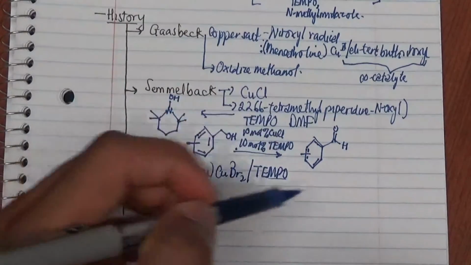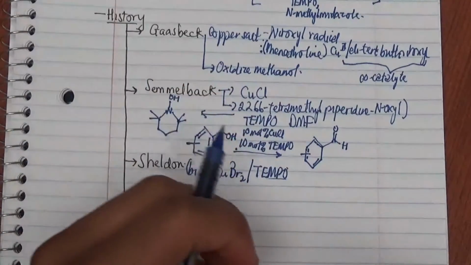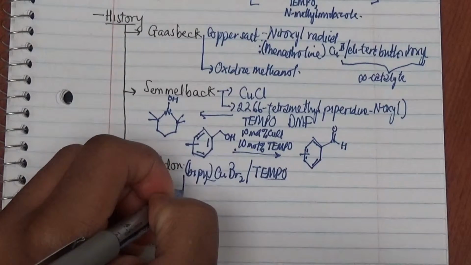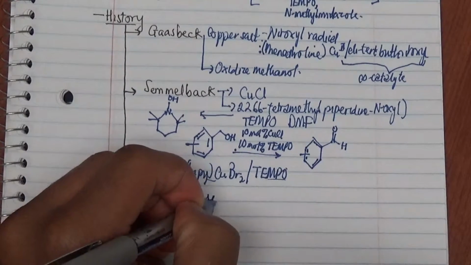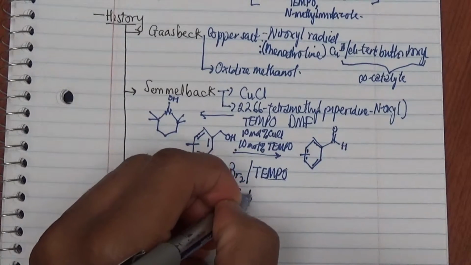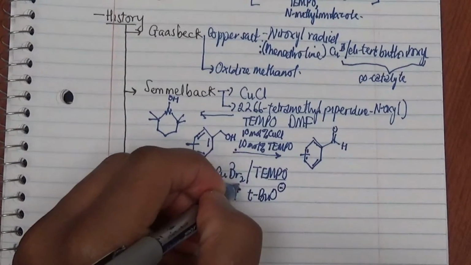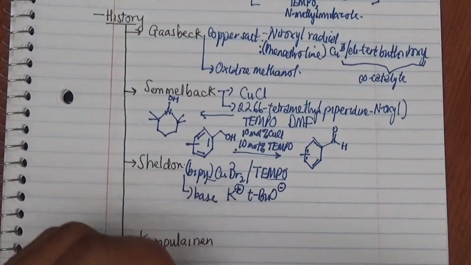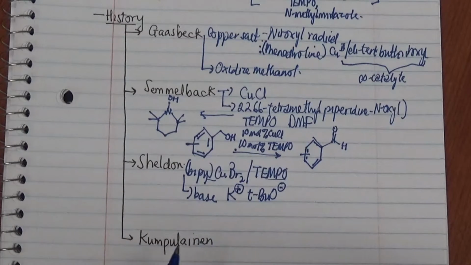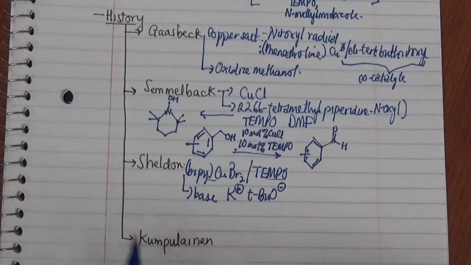And then this TEMPO is also used as a co-catalyst in this reaction. Also, he included a very strong base, potassium tert-butoxide. It's quite impressive that he was able to include this reagent, which is a strong base, and that was how he developed this copper catalytic oxidation.